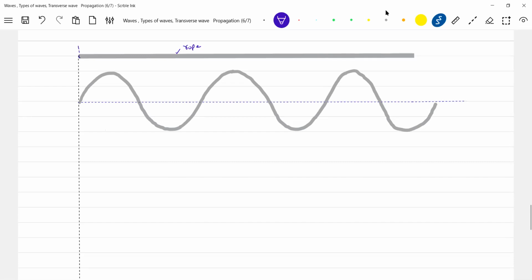Okay, there's a shape of the rope at t equals 0. What we can put it here, no?